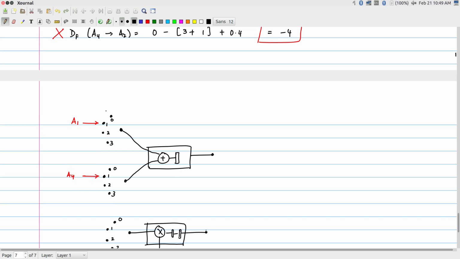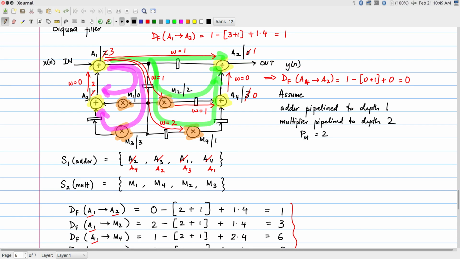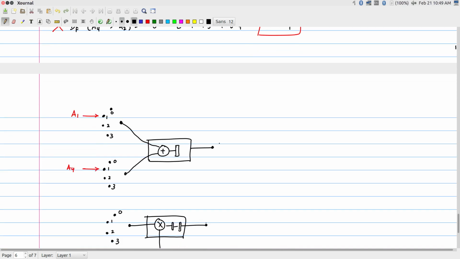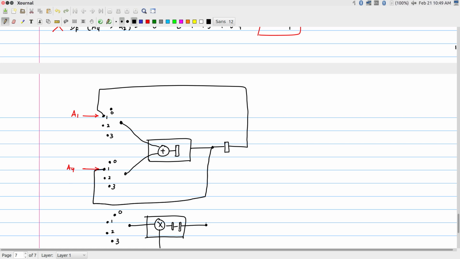The output A1 to A2 is the output of the adder, but with one extra delay on it. Whereas A4 is the output of the same adder, but with DF equal to 0. Okay, so now you can see how you would go about constructing the entire structure, right?